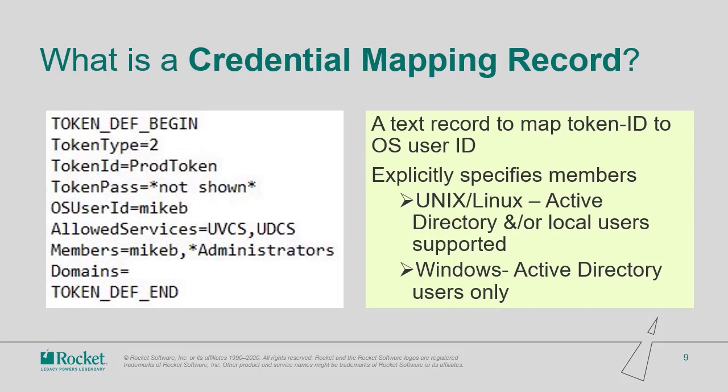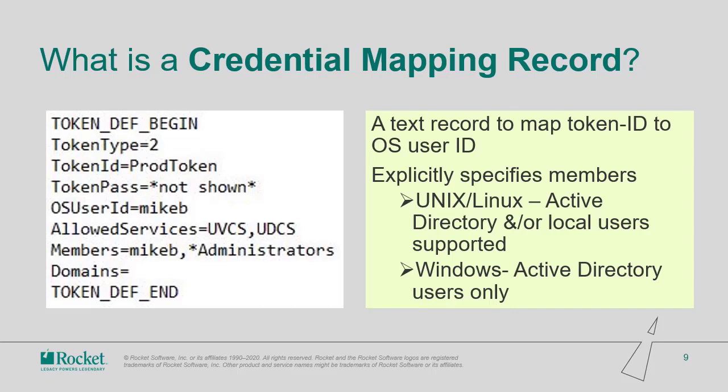What is a credential mapping record? So a credential mapping record is just a text record to map a token ID to an OS user ID. Each token record should explicitly specify all of its members. This can be individual members or group names, like you see in my example there in the members field.